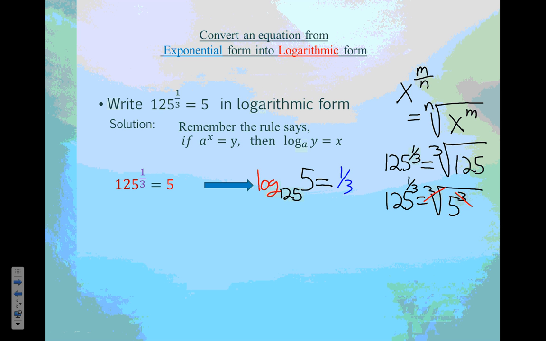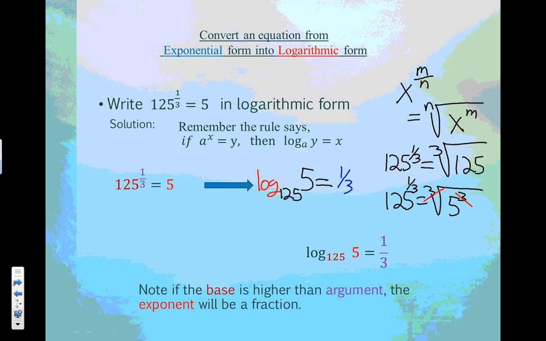So 125 to the 1/3 power equal to 5 can be written in logarithmic form as log base 125 of 5 equal to 1/3. You need to note that if the base is higher than the argument, the exponent will be a fraction.